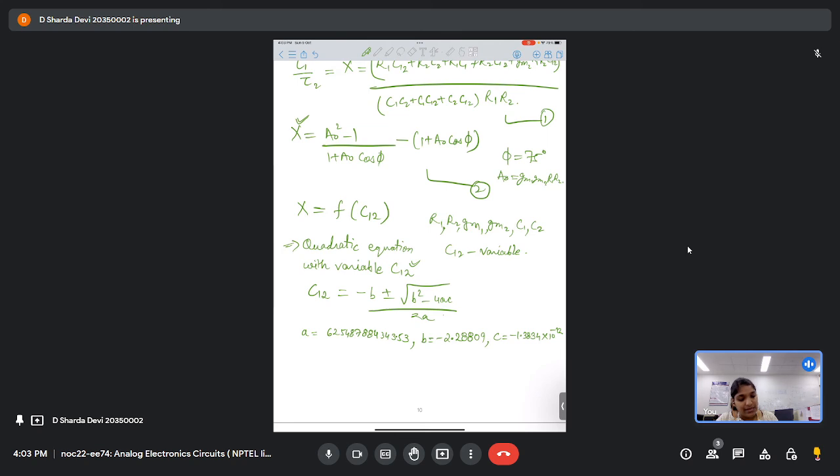So finally, when we arrive and find the value of C12 from this expression, now what we have to do is, we already know the C12 given in question, so I'll write it as C12 dash given in question.